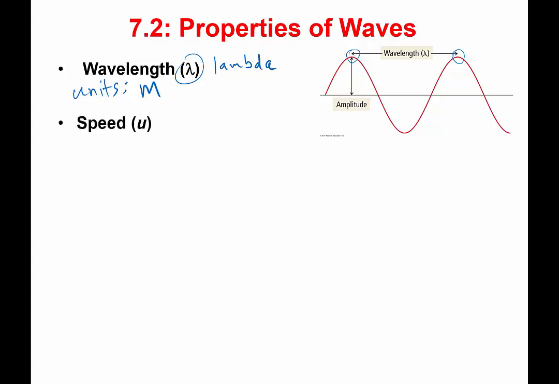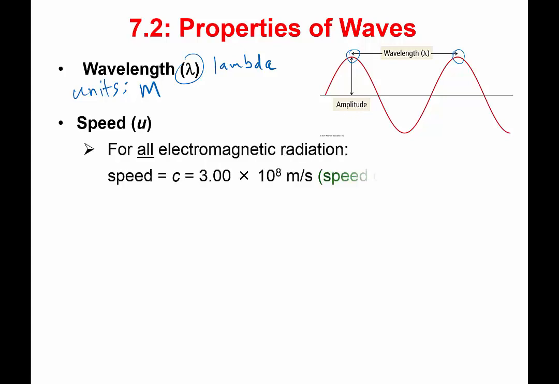The next quantity we can talk about is the speed of the wave. So you may be aware that different waves travel at different speeds. Light waves, for example, travel faster than sound waves. So the speed, which we symbolize as u, is just how fast the wave is traveling. But really, for this class, we're only concerned with electromagnetic radiation, and that makes life a lot easier because all electromagnetic radiation travels at the same speed.